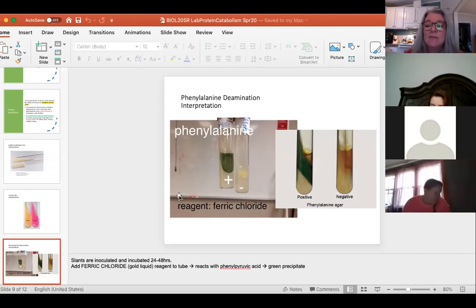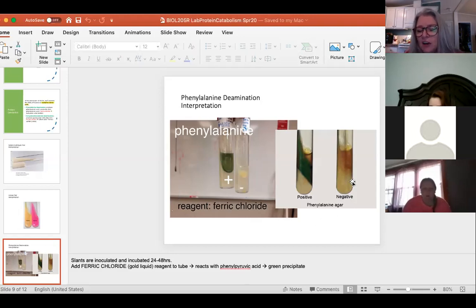And then when it comes out of the incubator, we're going to add ferric chloride. And remember, that's one of those iron-containing compounds. So you drop some ferric chloride into the tube, and ferric chloride has sort of a golden yellow color.